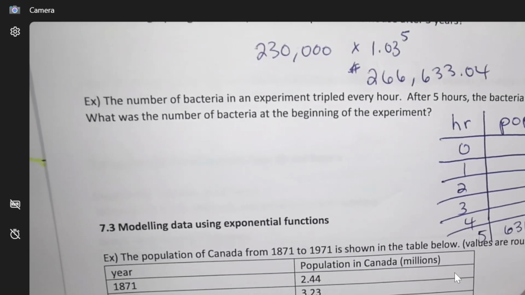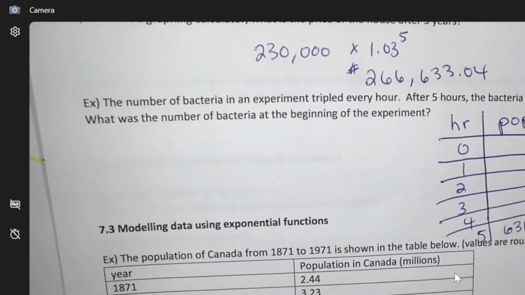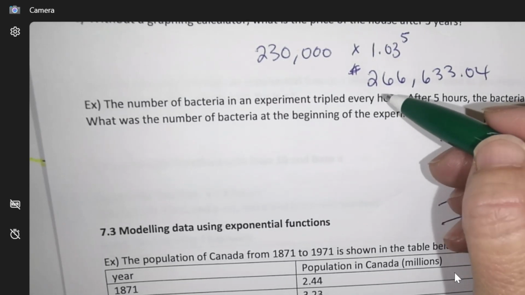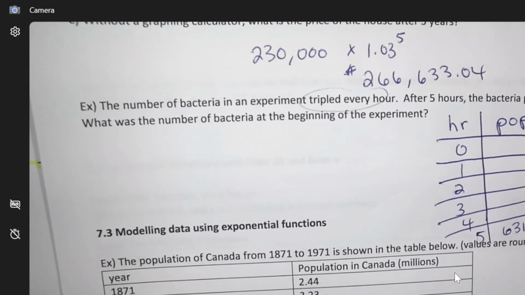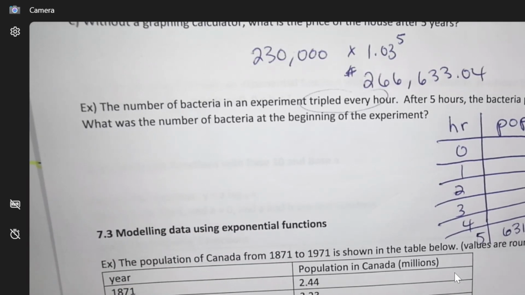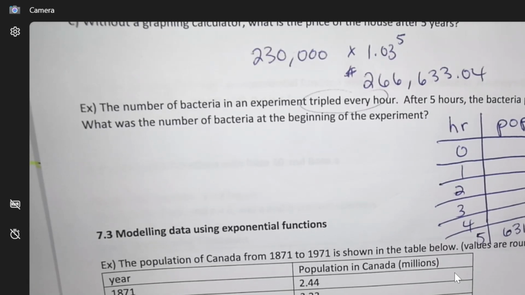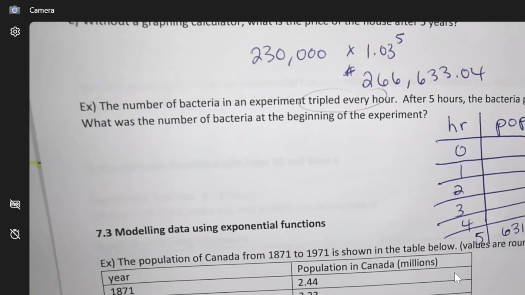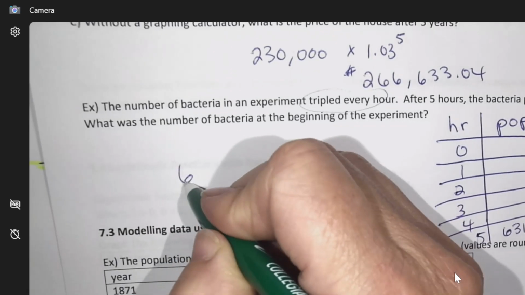So divided by 3 each time? Yes. Oh my goodness. Okay, so if I was tripling every hour, this would have been like the population times by 3, times by 3, times by 3, times by 3, right? So if I'm going to work backwards, you're going to have to divide by 3, okay? You can do it separately if you want, or you could use an exponent.